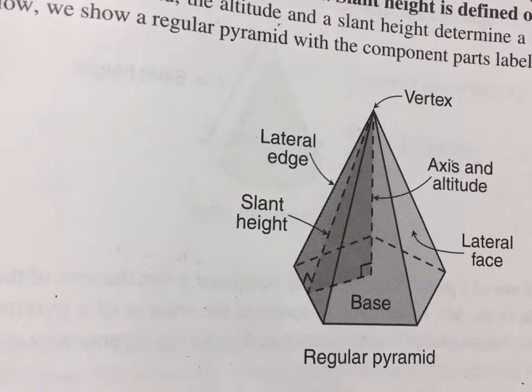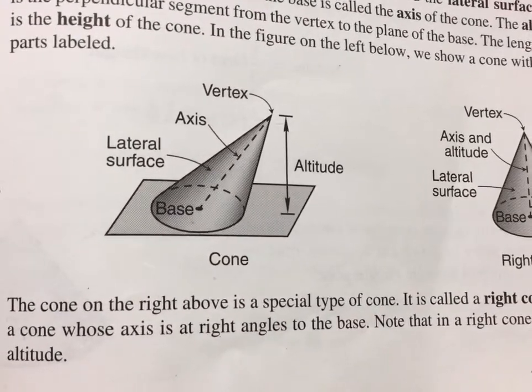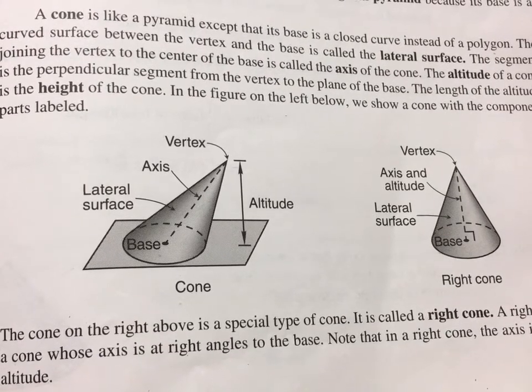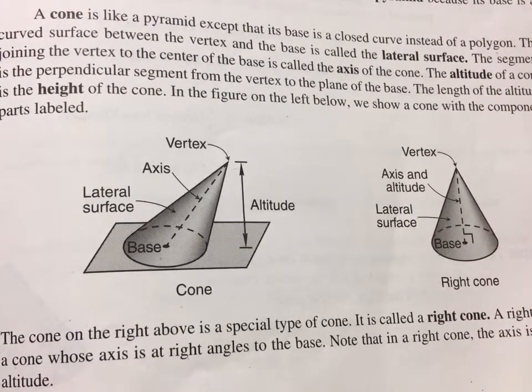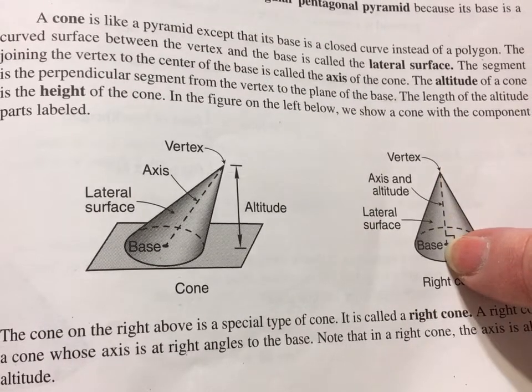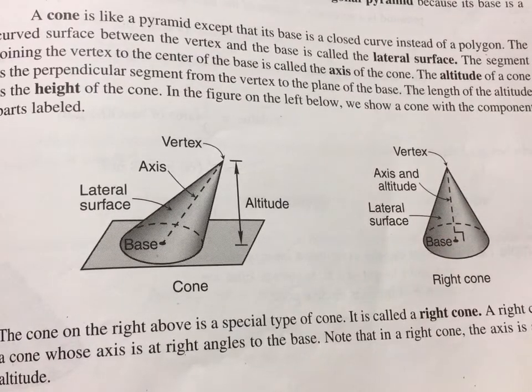Our pyramids had a lateral edge. But since the cone is a circle, it doesn't have a lateral edge. It just has a lateral surface around the sides. It still has an axis, and the axis is the altitude. It still has a vertex, and still has a base, but it's circular.